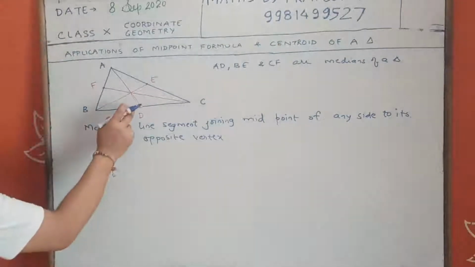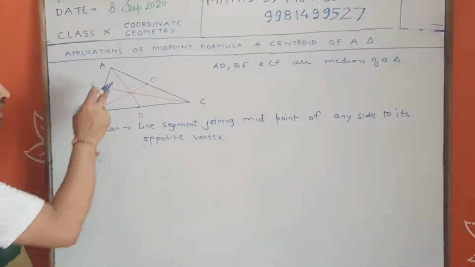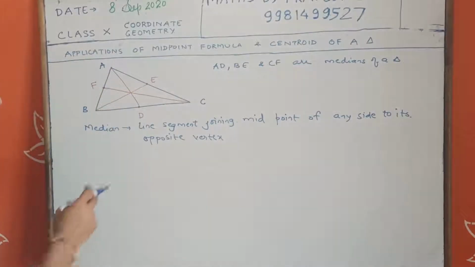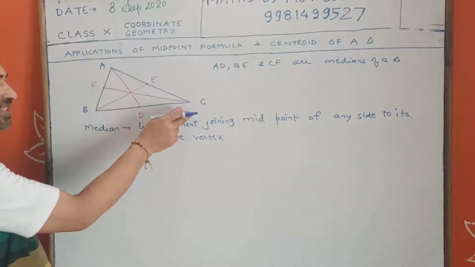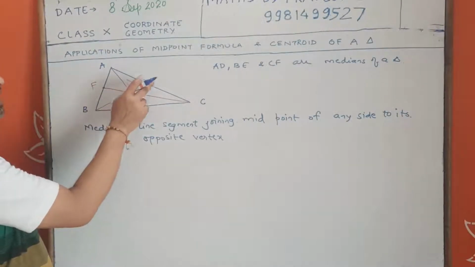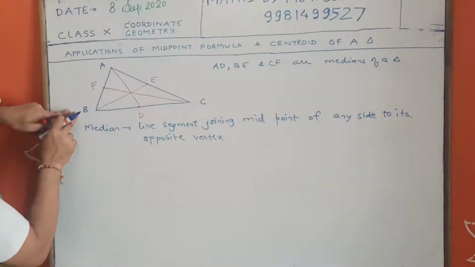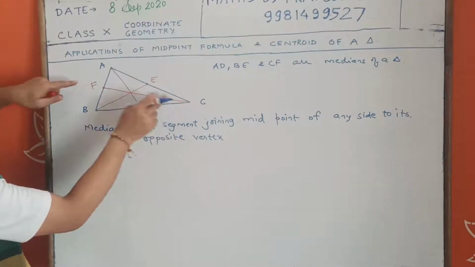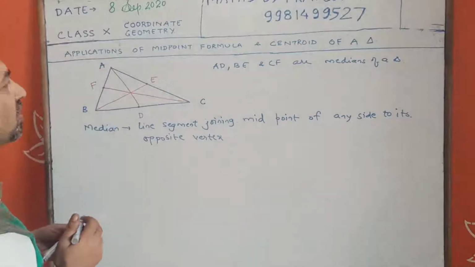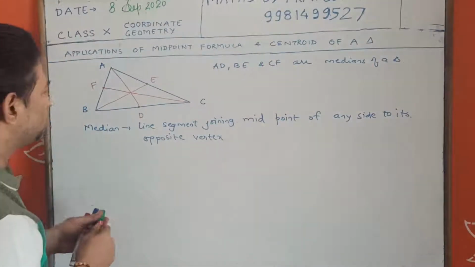So here D is midpoint of BC, opposite vertex is A, AD is one median. E is midpoint of AC, opposite vertex is B, so BE is another median. F is midpoint of AB, opposite vertex is C, so CF is the third median. So AD, BE and CF are the medians of triangle ABC.